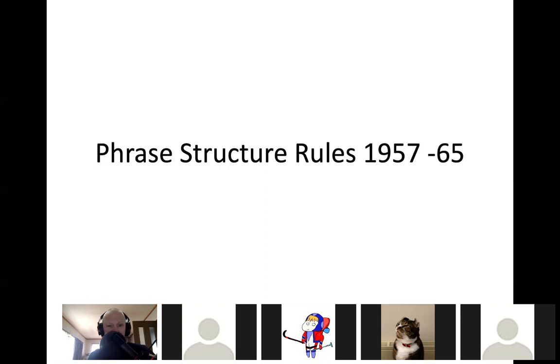Very famous person, and he's dominated English linguistics. Phrase structure rules are rules for explaining language, and they became very important around this time. We're looking back to about 1957 to 65, something like 55 to 60 years ago. These rules, for various reasons, became very important.